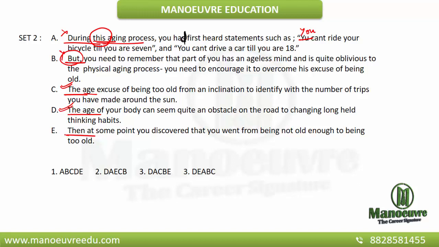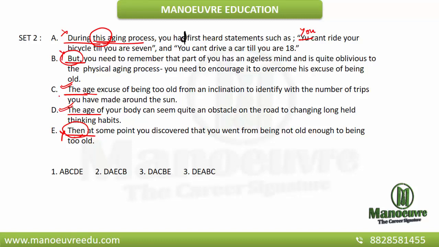Statement number E. Then at some point you discovered that you went from being not old enough to being too old. This is talking in continuation. I have already mentioned something above and I am continuing that, then something happened. Earlier XYZ happened and now then something else has happened, right? So this also cannot be our opening statement.